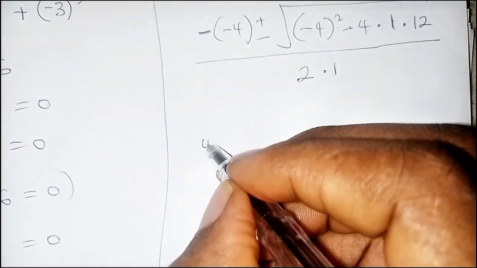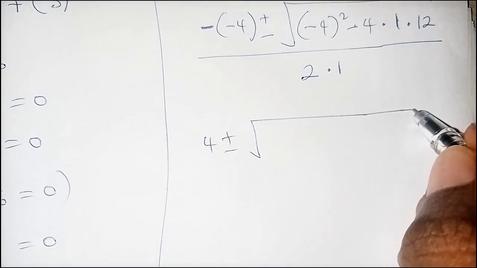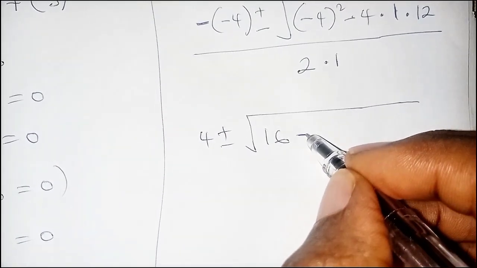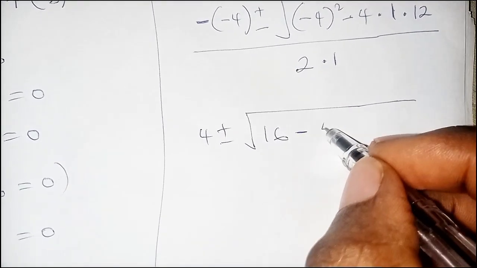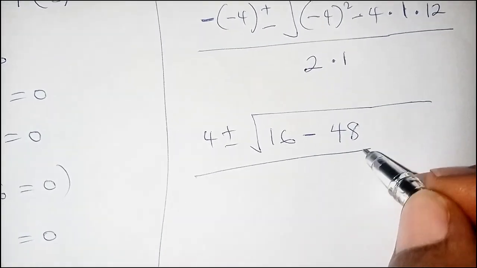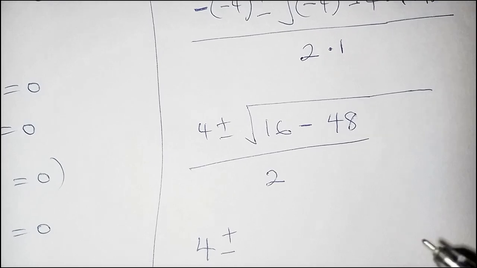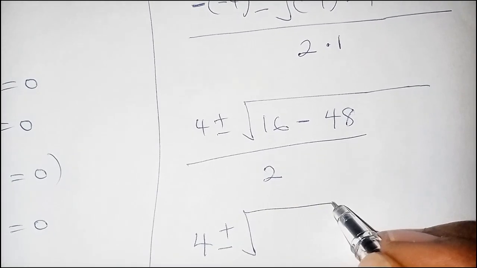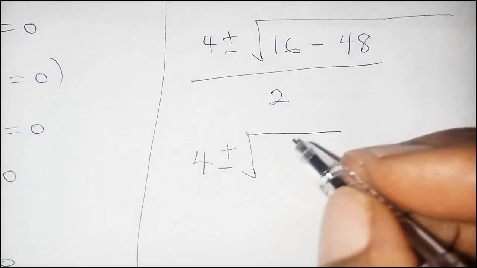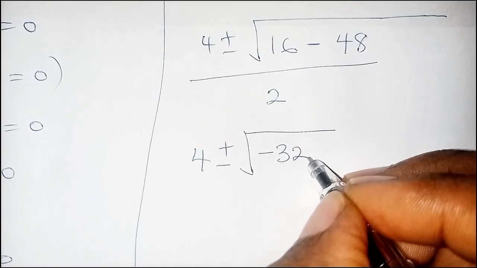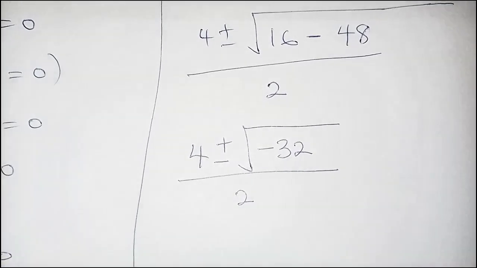So this will give us 4 plus or minus the square root of 16 minus 48, all over 2. This will give us 4 plus or minus square root of minus 32, all over 2.